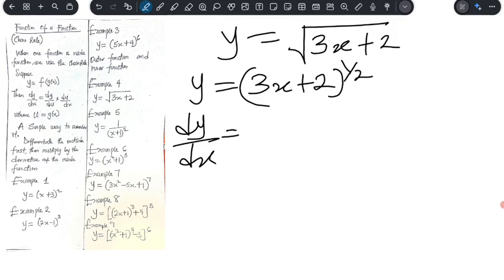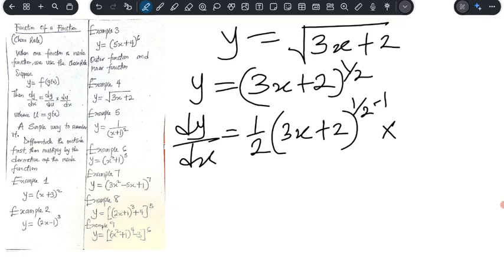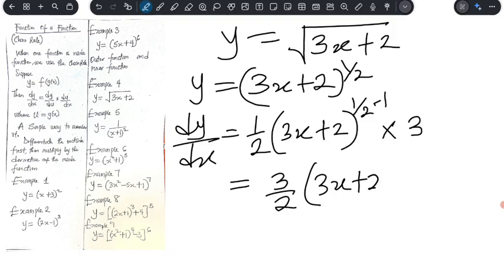What we are going to do first is the outside one, which is (3x + 2) to the power half minus 1, multiplied by 3. So we have 3 over 2 times (3x + 2), and half minus 1 gives you minus half.